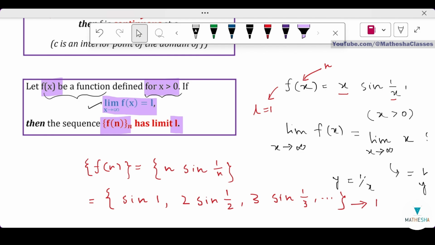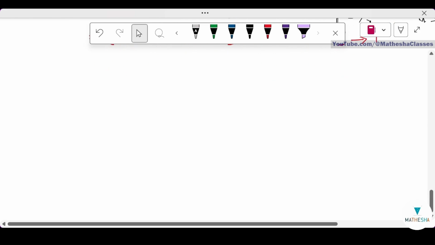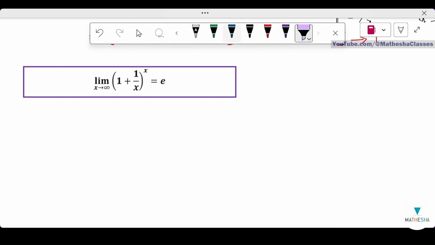So we'll illustrate it with another example, and that is also a very important example, and that is this. So this is a very well-known fact that limit x tends to infinity 1 plus 1 upon x to the power x is e.